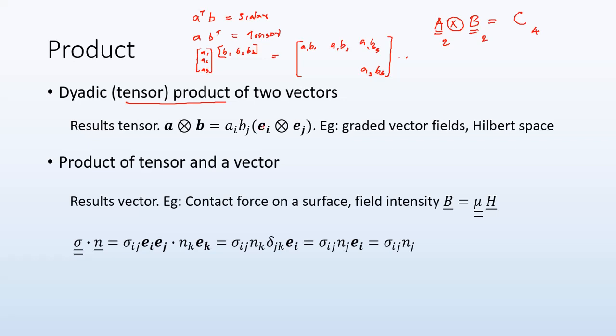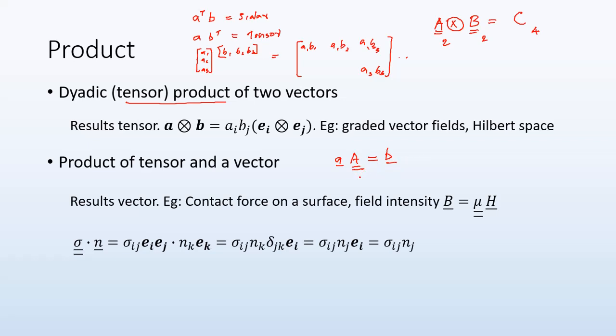Now let us learn another type of product, that is a vector multiplied by a tensor. While defining tensor in our first video, we have said that a tensor can be used to map a vector. That is, when I multiply a vector with a tensor, it will give me another vector, having another direction and also another magnitude.